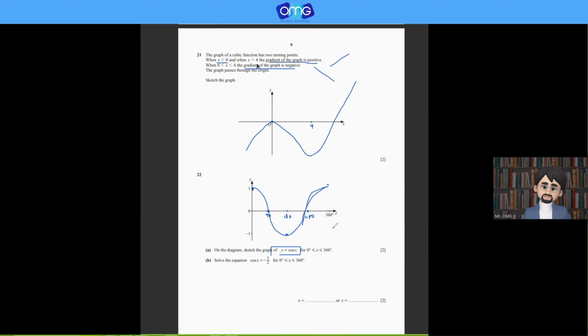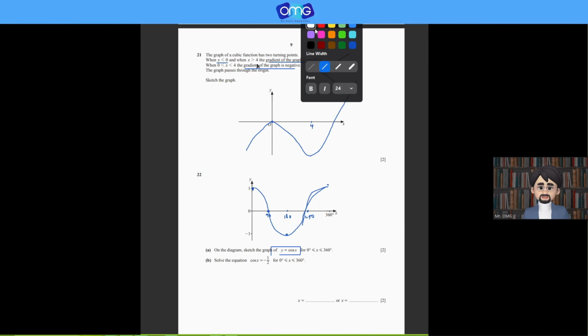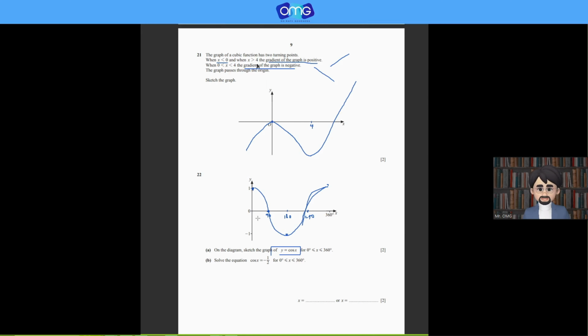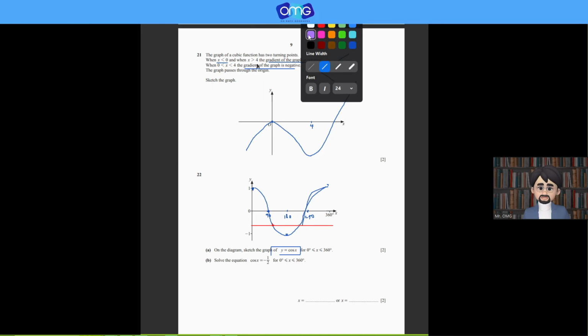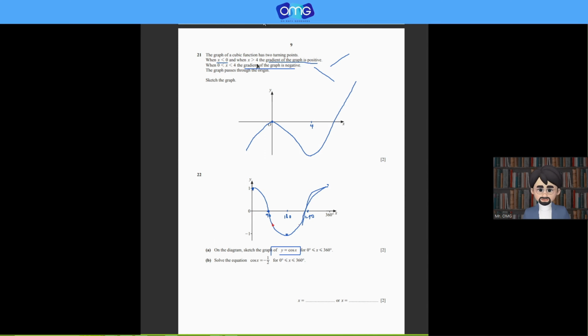Okay, and find the solution for cos x equals negative half. Negative half is about here. Yeah, these two are the answer. Yeah, we're gonna only borrow that line. Okay, yeah, so the answer will be in the second and third quadrants.